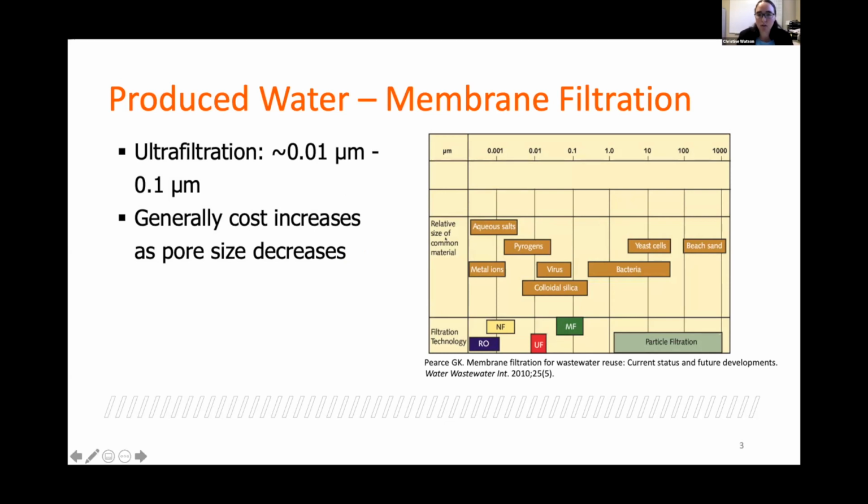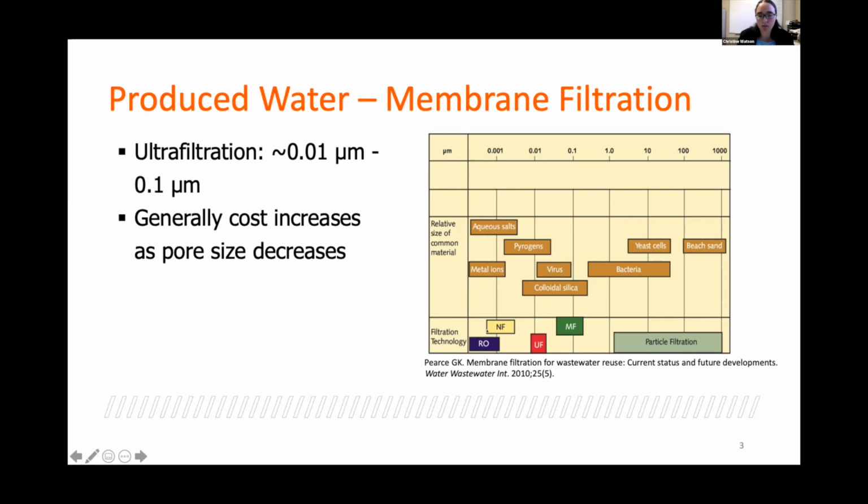Typically for produced water treatment, membrane filtration covers microfiltration, which is MF on this diagram, and ultrafiltration, which is UF on this diagram. Reverse osmosis has higher filtration with smaller pore size, but it tends to be more expensive because generally your cost will increase as your pore size decreases.